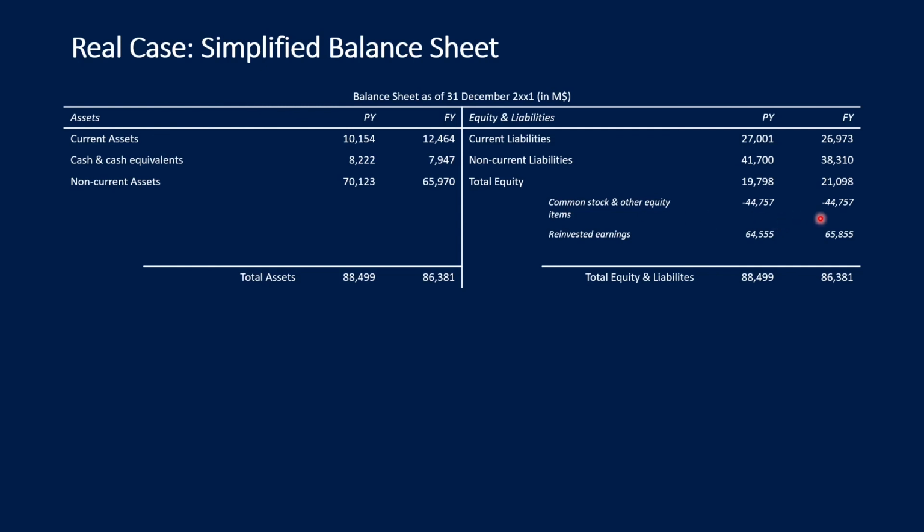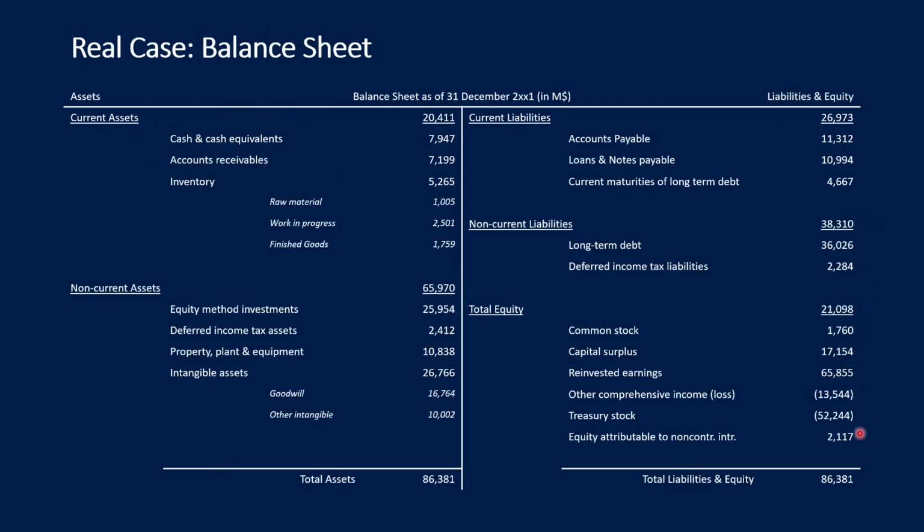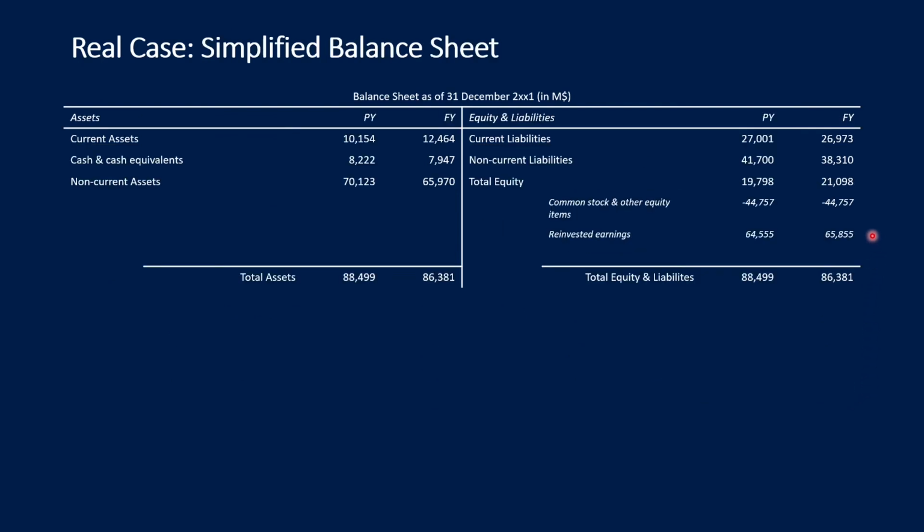And of course, here in total equity, I just added all items but the reinvested earnings. So all other items are simply totaled. So here we have reinvested earnings, and here we have all other equity items, but they still sum up to the same total equity here.